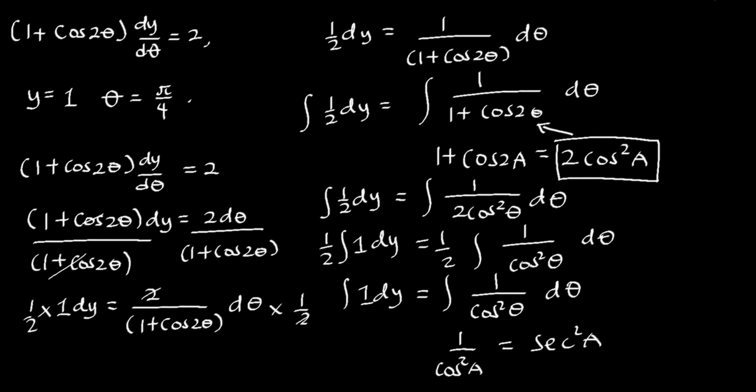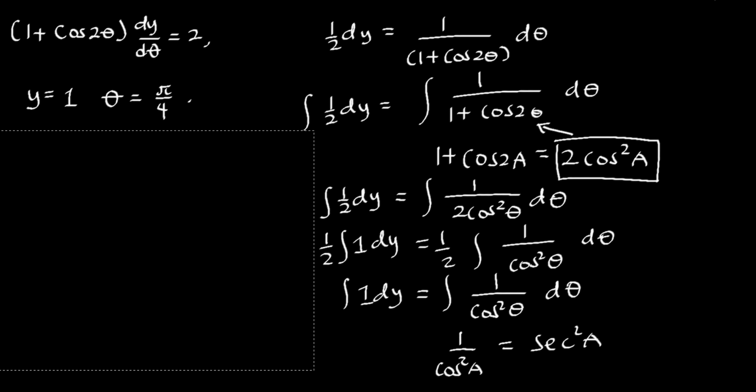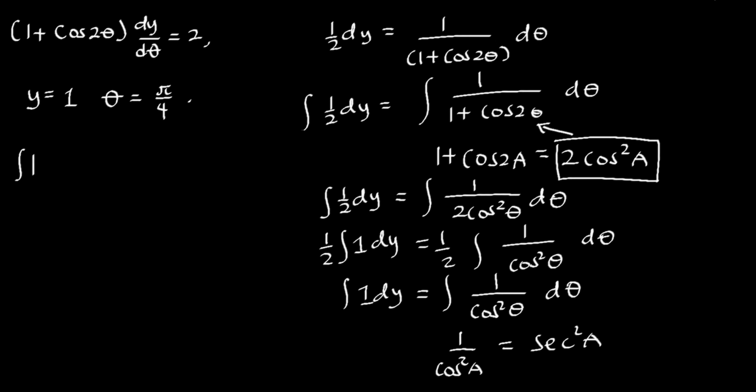So we are going to have the integral of 1 dy equal to the integral of sec squared theta d theta. Okay, this is what you are going to have.